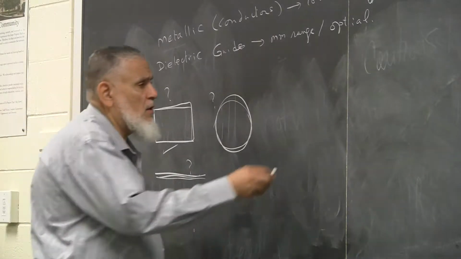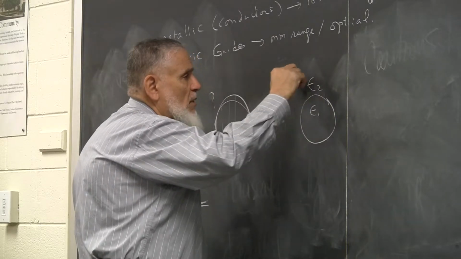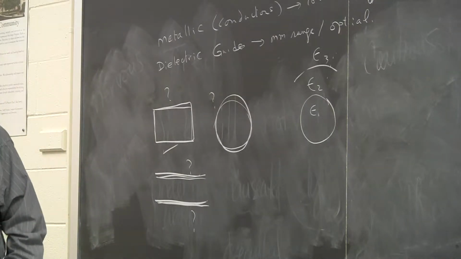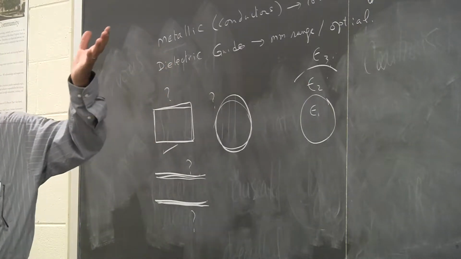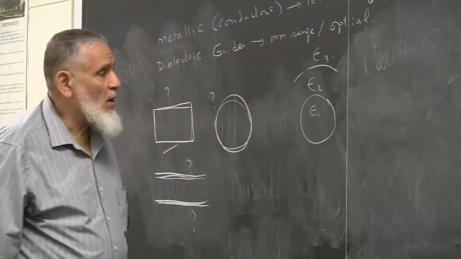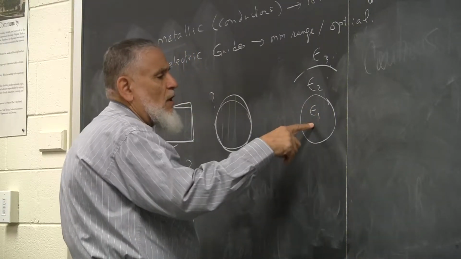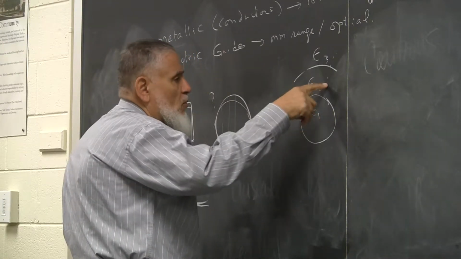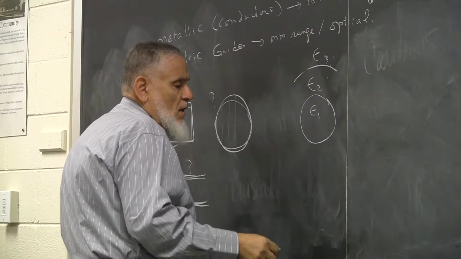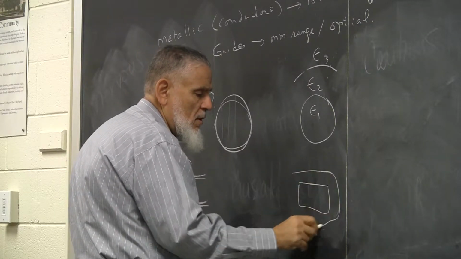For dielectric, typically you will have dielectric 1 and dielectric 2, or maybe even more. Right? Because, if you leave that open, obviously that's free space. Even if you don't put anything there, that's free space already. So typically you have two dielectrics. You can never have one dielectric alone. So this is your dielectric that you make your guide from, and this could be a free space, or it could be something else, and this could be a free space, right? Same thing with a rectangular shape, right?